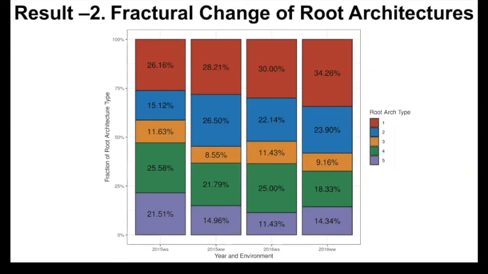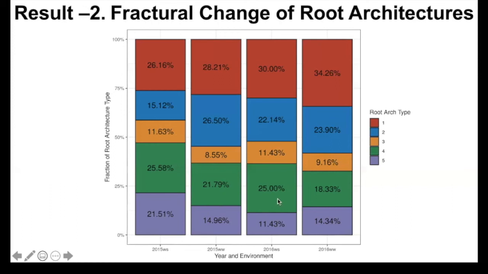Second, we observe that the ratio of root architecture types within the population varies among environments. We can see in 2015, architecture type 5 decreased from 21% in water stress to 15% in well water.